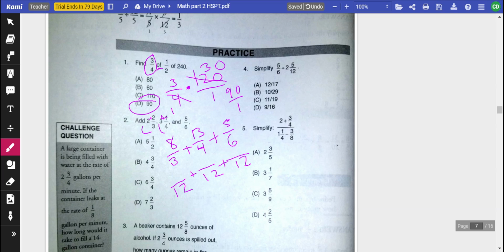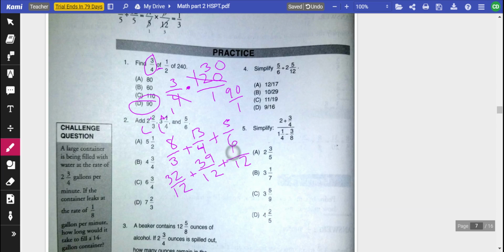So then 3 times 4 gets me 12. So 8 times 4 gets me 32. Then I also know that 4 times 3 gets me 12. So I need to do 3 times 13, which gets me 39. Then I need to do 6 times 2, which gets me 12.